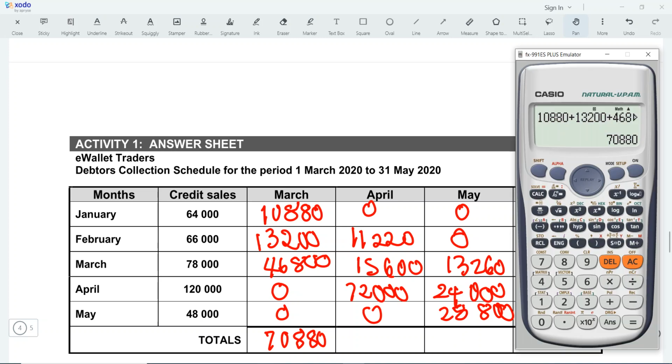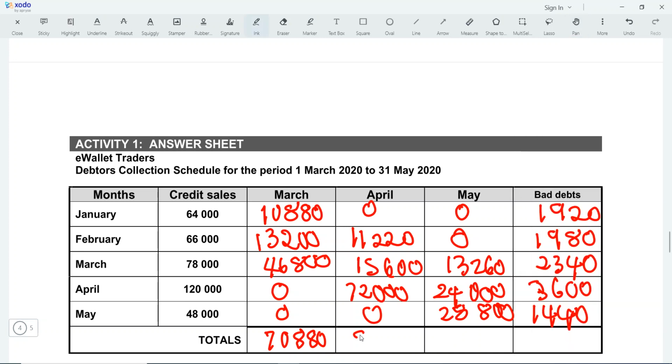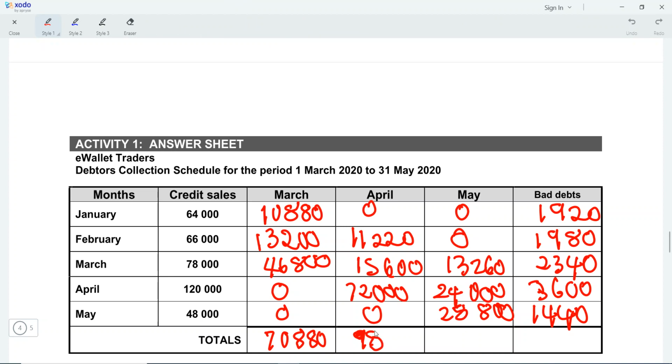Okay, and then we continue for April. 11,220 plus 15,600, and then plus 72,000. It is giving us 98,820. So let me write it properly. 98,820, and then you come and do the same thing here.